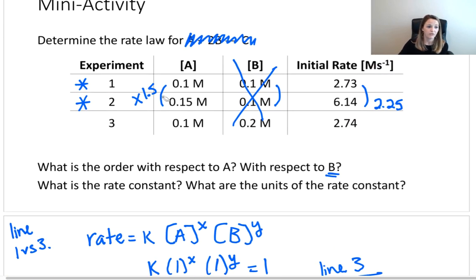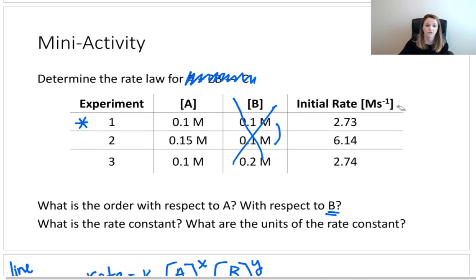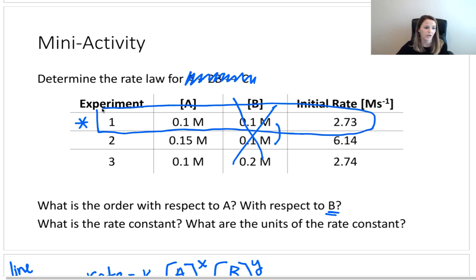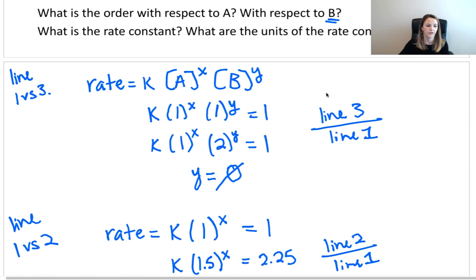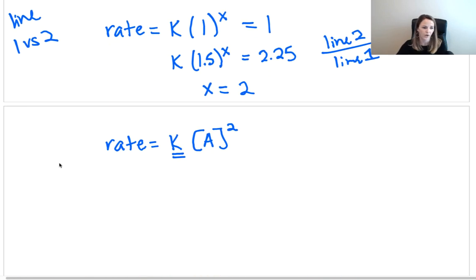Again, like I told you before, I don't like looking at any other line except for experiment 1, so that's what I'm going to do here. So I'm going to look at the data in this line, but again, we don't care about anything that's written in column B, because B doesn't affect the rate law. So we've got 0.1 and then 2.73.